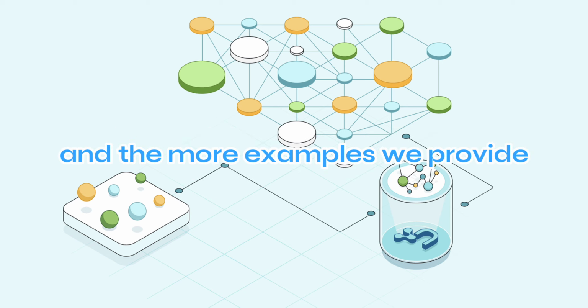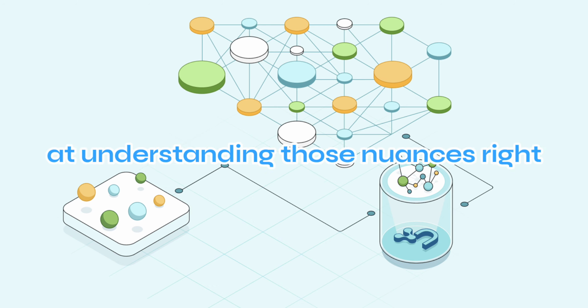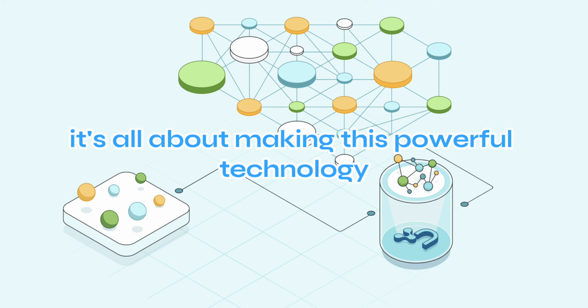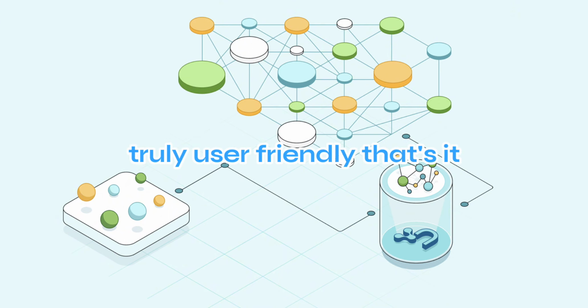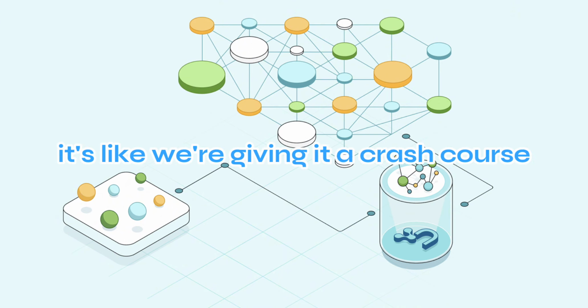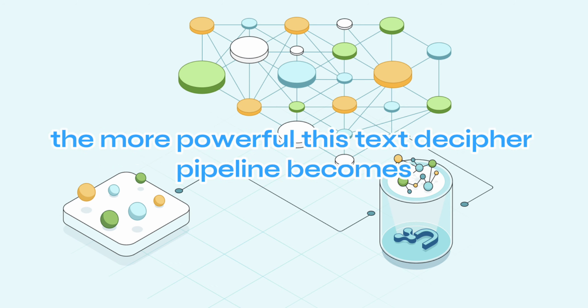And the more examples we provide, the better it gets at understanding those nuances and translating natural language into really effective Cipher. It's all about making this powerful technology truly user-friendly. That's the goal. I love it. It's like giving it a crash course in our data's unique language. Exactly. And the more we refine its understanding, the more powerful this text-to-cipher pipeline becomes.